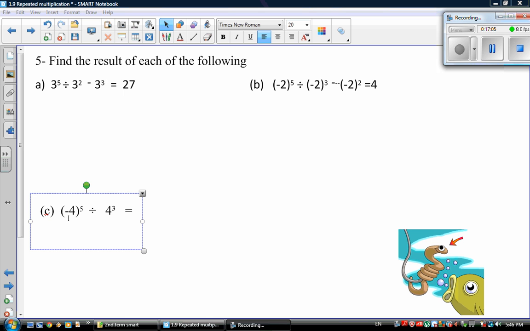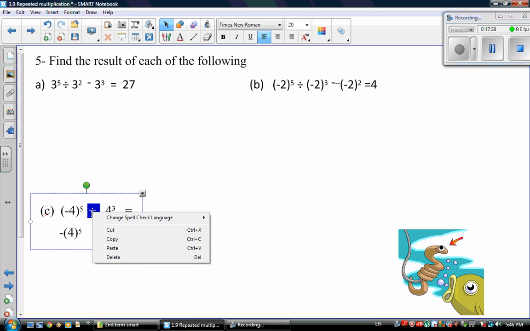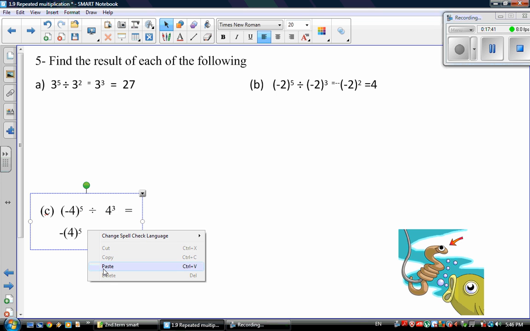The base here is negative 4, a negative base, and the power is odd, so we can keep this sign outside the bracket like this, and then we can write 4 to the power 5 to make equal bases. And then we can divide them by 4 to the power 3.